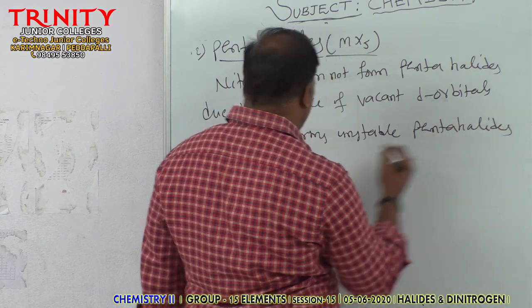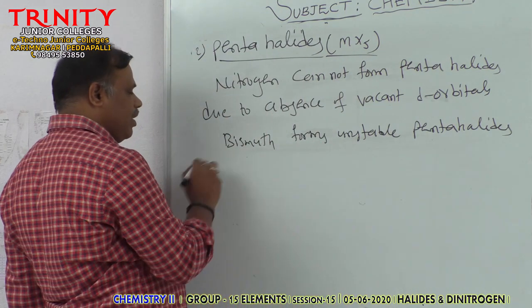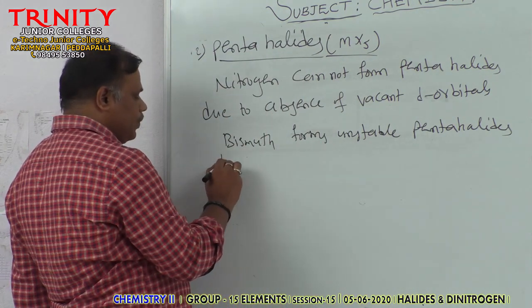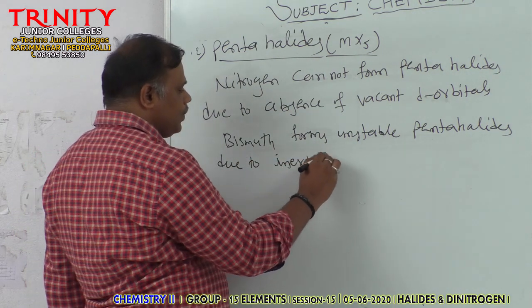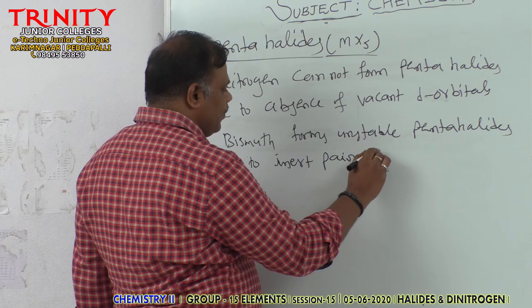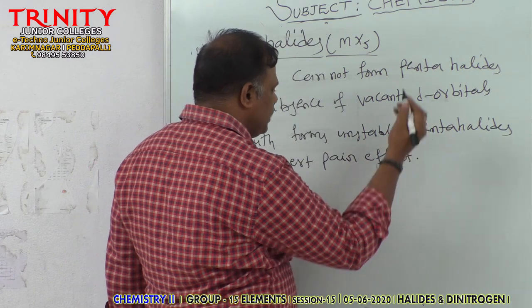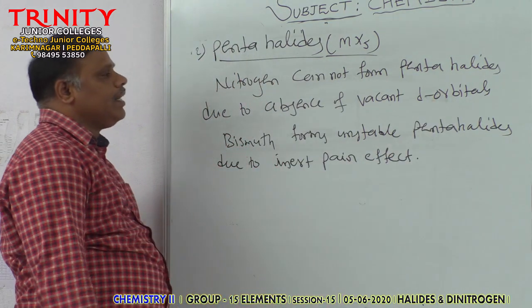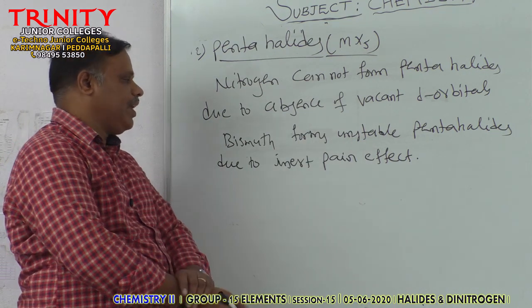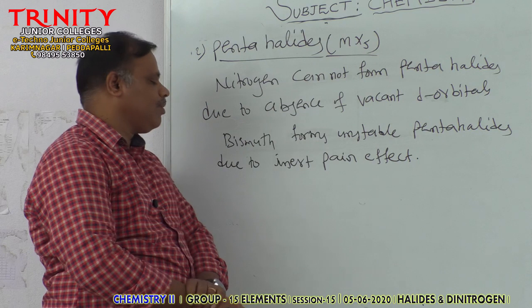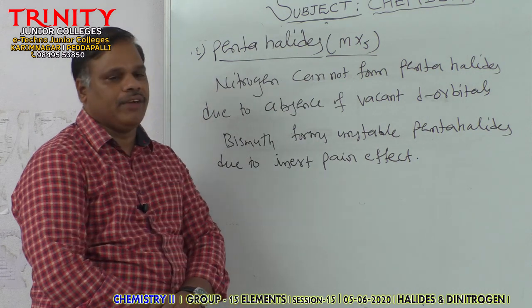Only BiF5 is stable, the remaining are unstable because of the inert pair effect. Due to the inert pair effect, the bismuth +3 oxidation state is more stable. Nitrogen cannot form pentahalides due to the absence of vacant d orbitals, and bismuth forms unstable pentahalides due to the inert pair effect.